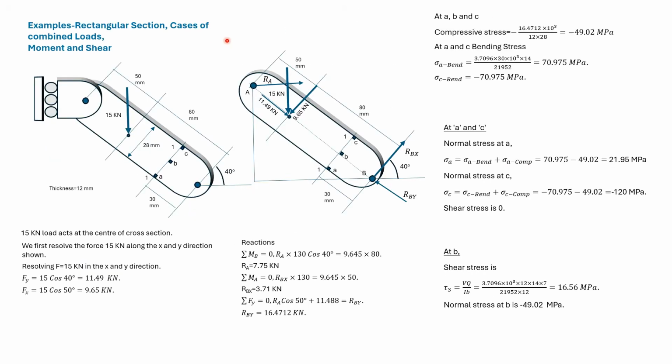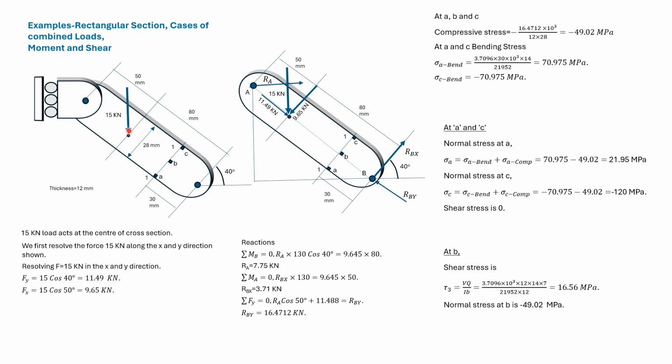Here we have another rectangular section subjected to moment and shear. A force of 15 kN acts as shown. This angle is 40 degrees and here we have a roller support.